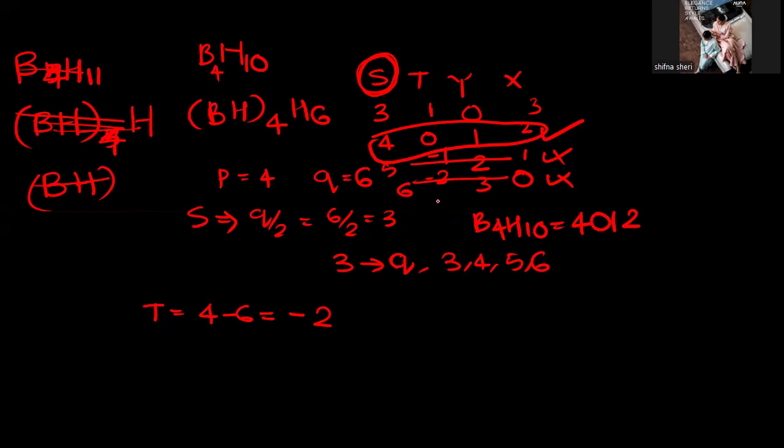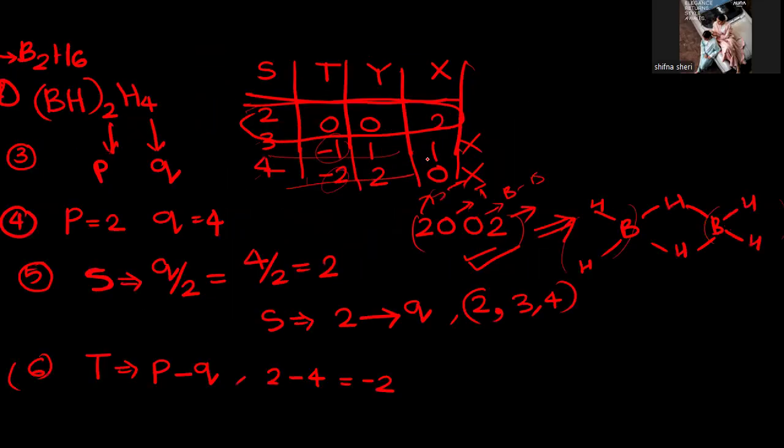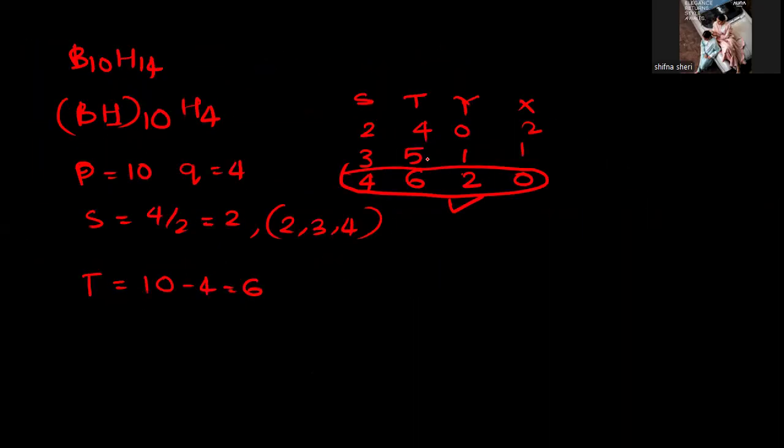If there is minus 3, minus 2, minus 1, 0, 1, like that. And when there is a high positive number, 6, 7 or like that, you have to decrease the numbers, 6, 5, 4, 3, like that. That is the T. Okay. And this is our styx number of B10H14.